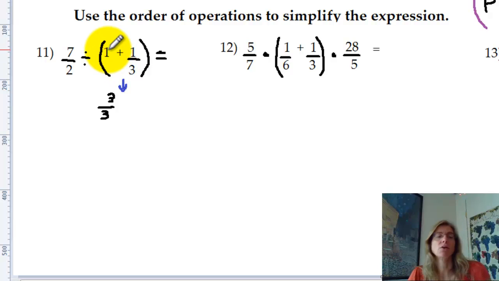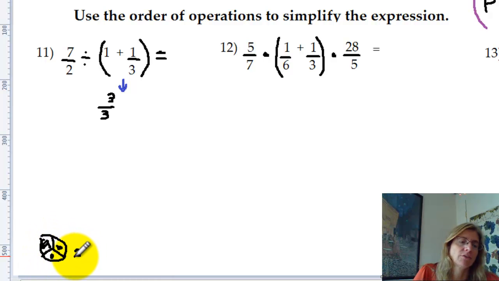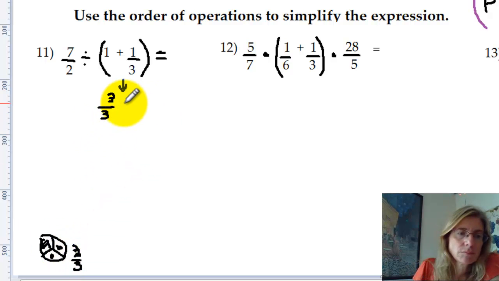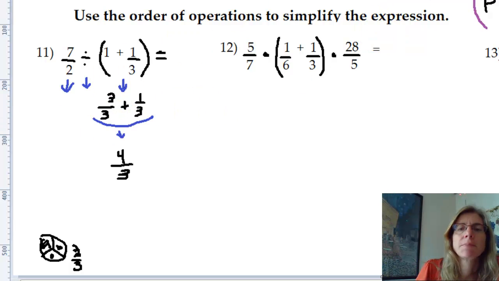All that is taking a whole piece, we'll draw it down here, and chopping it into thirds. And you have a fraction that you can call 3/3, which is also saying it's equal to 1. So 3/3 plus 1/3 becomes 4/3.